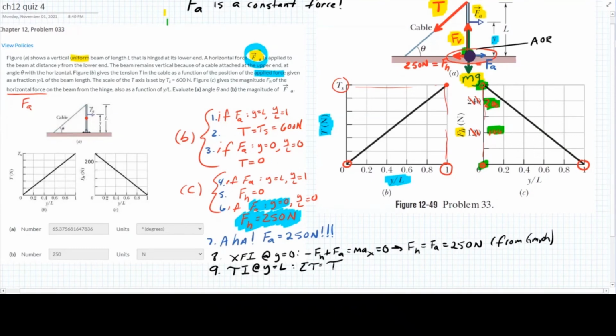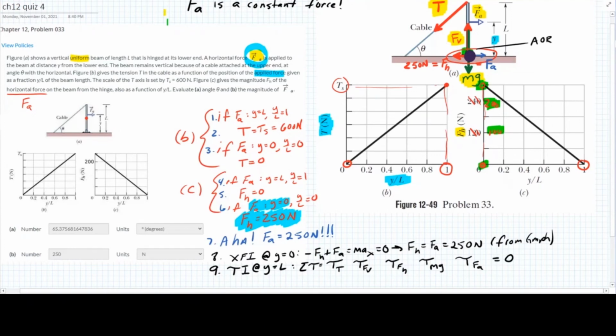Sum of all torques is the torque due to all of those forces: that tension, the hinge's vertical force that it's applying to the beam, the hinge's horizontal force, which it's applying to the beam, the weight of the beam itself, and the torque due to that externally applied force, F subscript A, which I have a number on. All of that equals 0. And I think I have everything here.